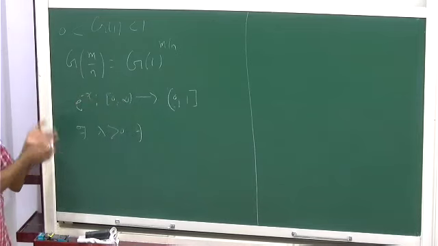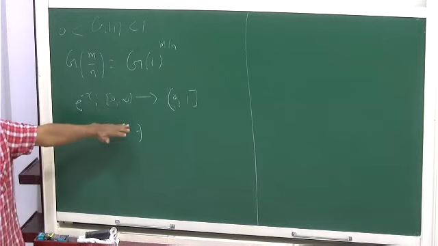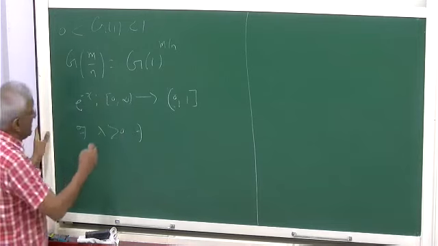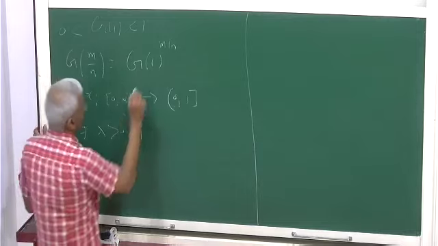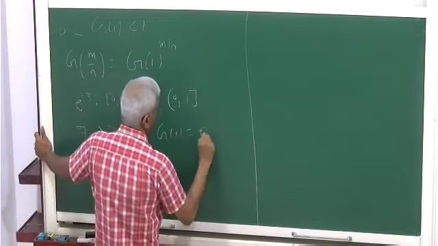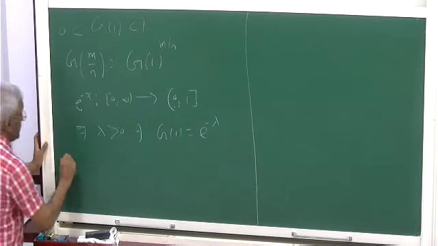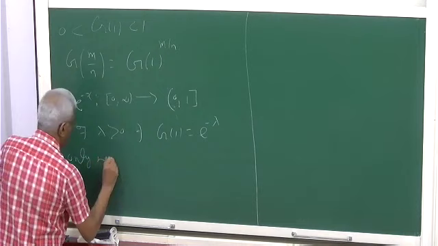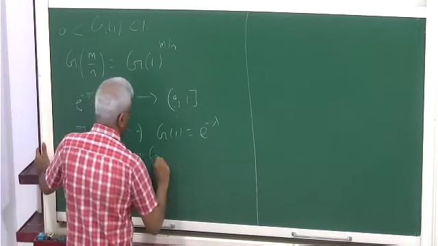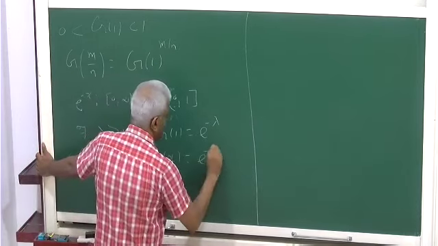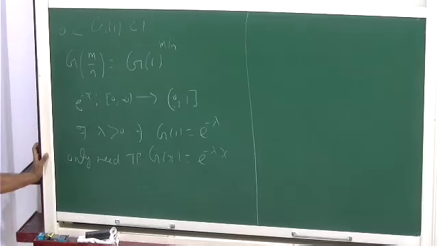Of course, log is the inverse, so it's invertible. You take the log, that is the inverse. Because of that, there exists a positive lambda such that g of 1 equals e power minus lambda. We only need to prove g of x equals e power minus lambda x.